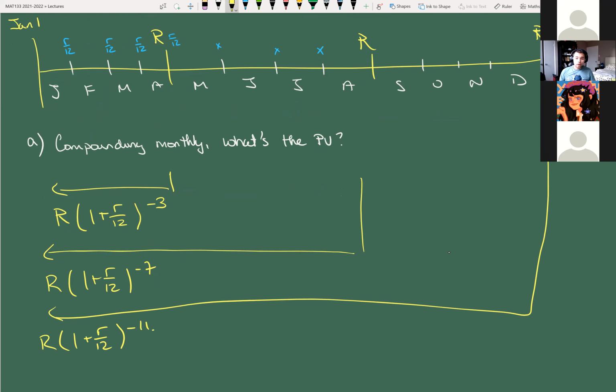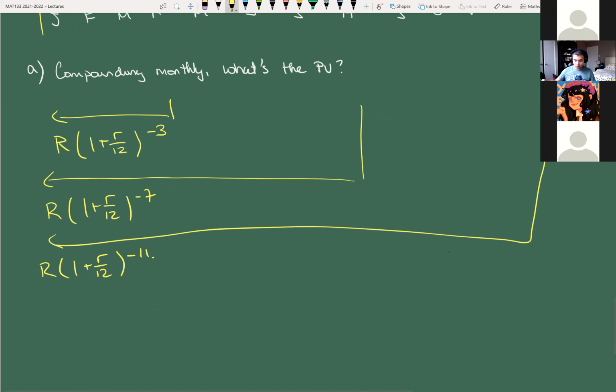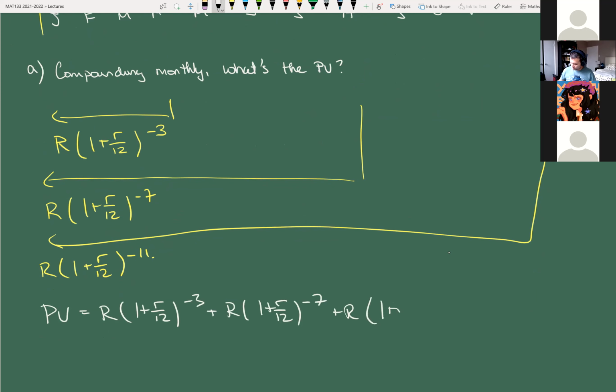Now, we're going to do this for a total of 4 years. So the total present value is going to be R(1 + R/12)^-3 + R(1 + R/12)^-7 + R(1 + R/12)^-11. And the question is, what is the last one?